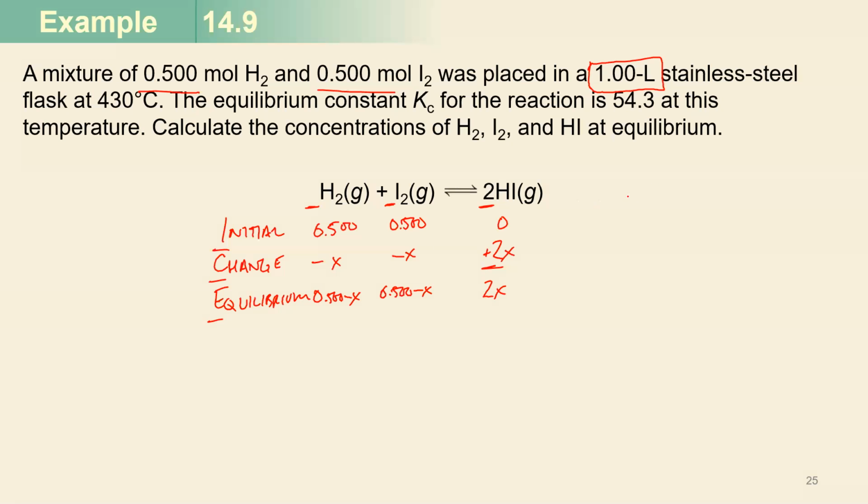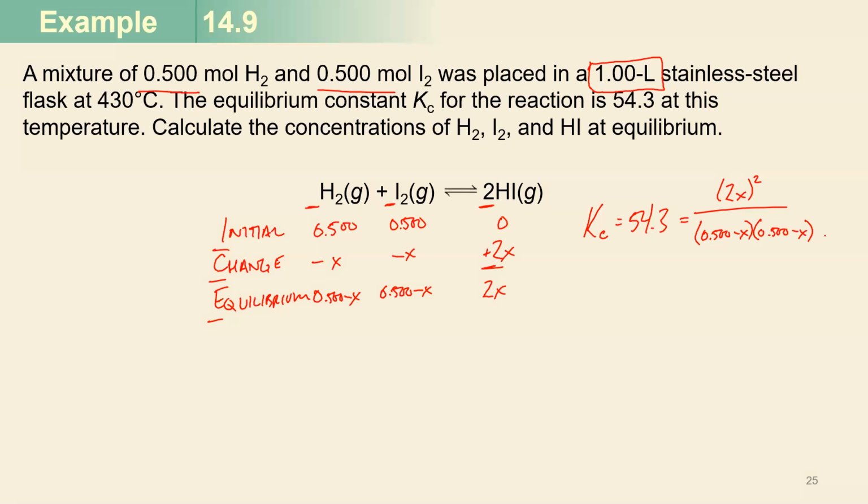So we go over and we set everything equal to Kc. Kc for us is equal to 54.3. And that's equal to products raised to the power of their coefficients. So 2x squared divided by 0.5 minus x for hydrogen and 0.5 minus x for iodine.